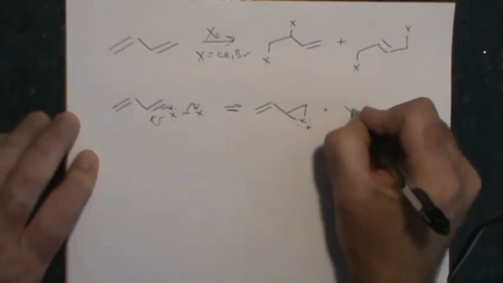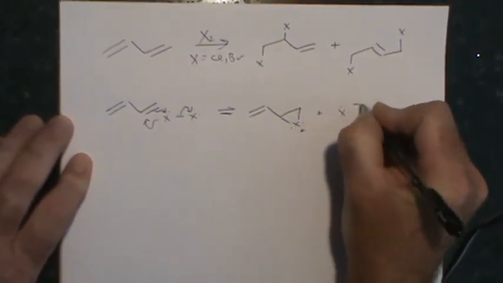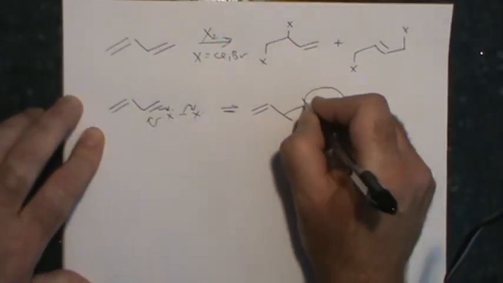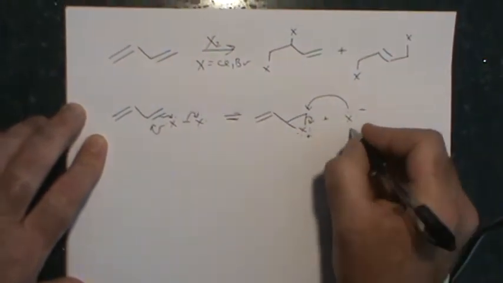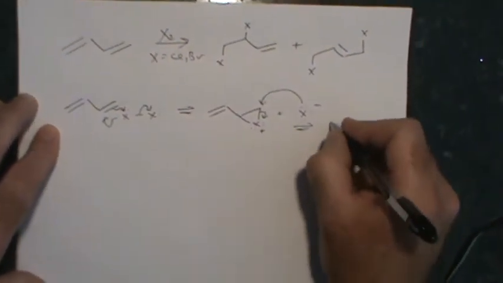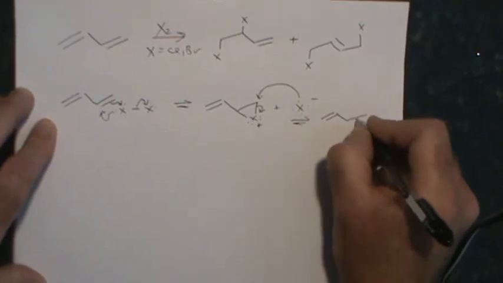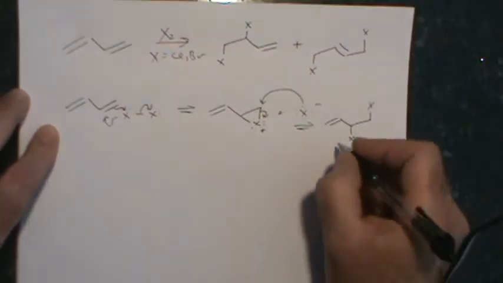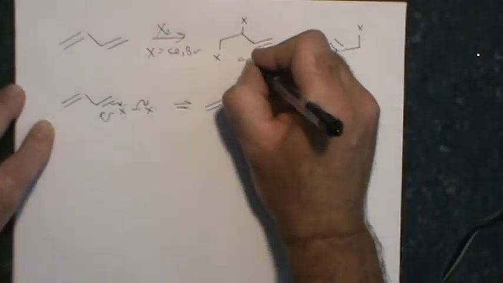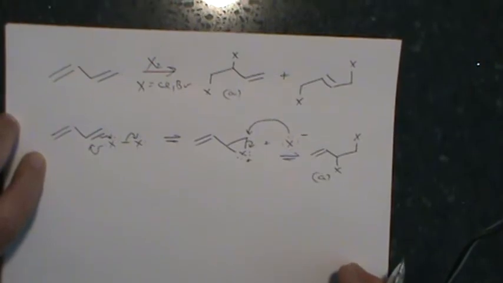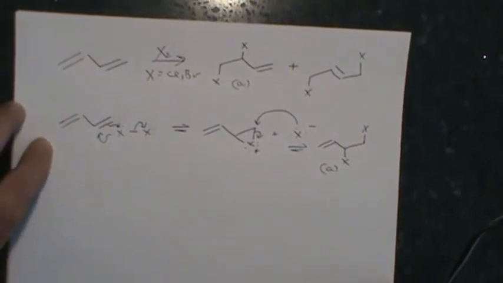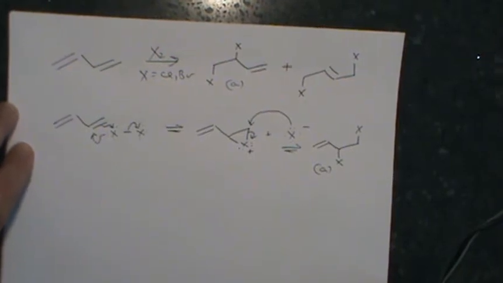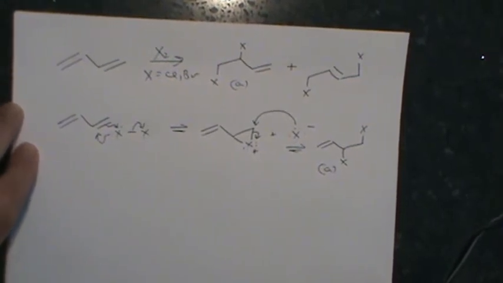At the same time, we produce a halide anion. The halide anion can attack, ring open the halonium ion, and we produce the product here. Let's call it product A. That's the one that's structurally consistent with expectations, consistent with the reaction of a single isolated alkene.